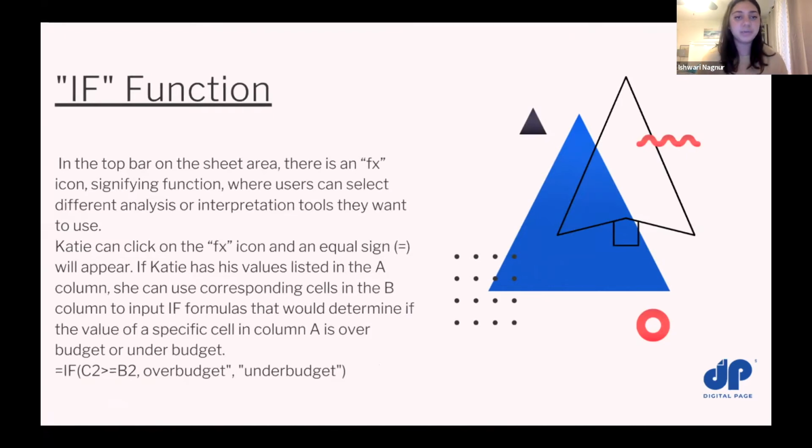So she would do equal sign IF, and then follow the syntax C2 is greater than or equal to B2, and then you put what you want the cell to be titled if it is a true statement, followed by what you want the cell to be titled if it's a false statement. Obviously the C2 and B2 would change based on what cell you're using, but in our case, the very first time that we input the IF function for Katie, we're going to use C2 and B2.